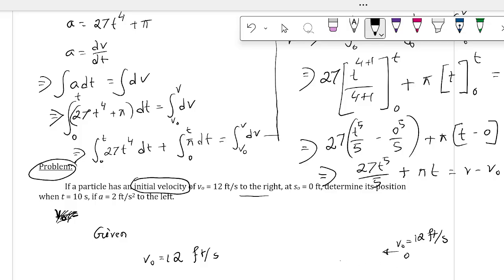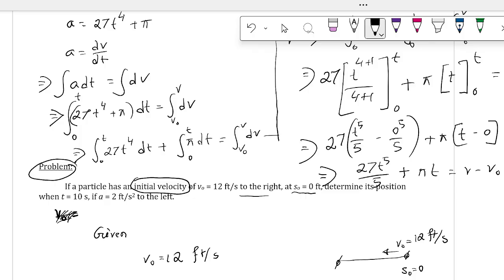So at this position, the particle is moving from here to here, right? At this position, s0 is 0. You can say your reference point is here, where s is obviously for position, right? You know that. All right, so s0 is 0.